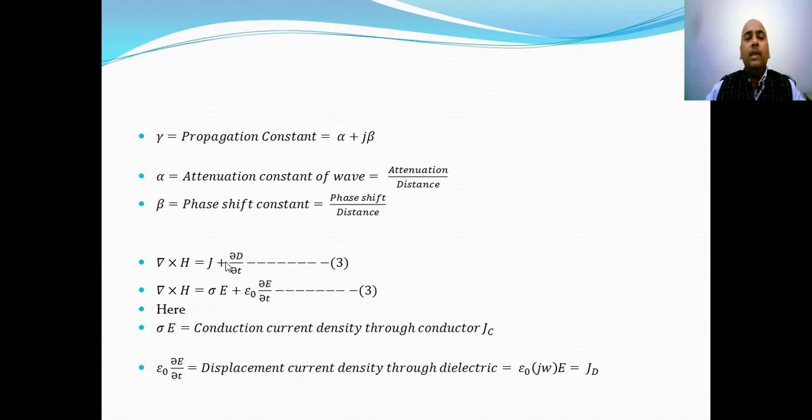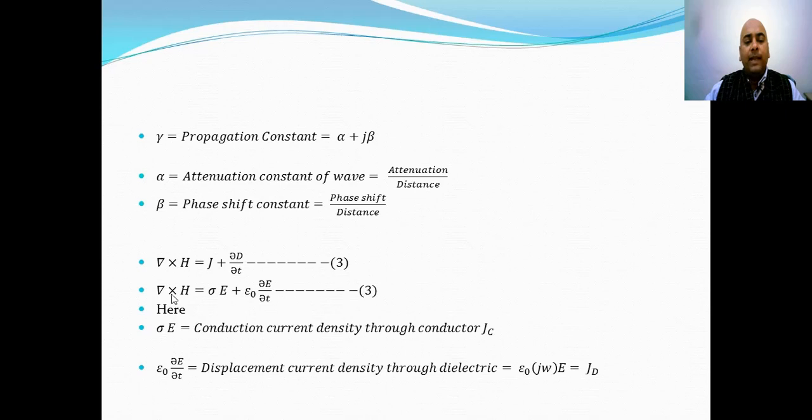To establish these parameters, we make use of Ampere's law in magnetostatics, which states that curl of H is equal to J plus ∂D/∂t, where J is the conduction current density which flows through the conductor and ∂D/∂t is the displacement current density that flows through a dielectric like a capacitor.